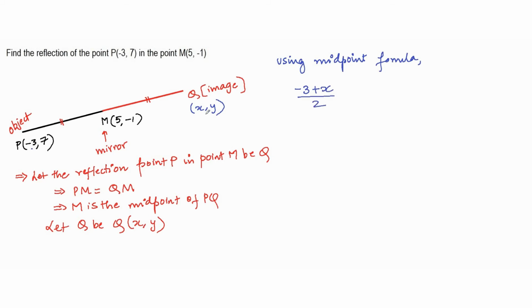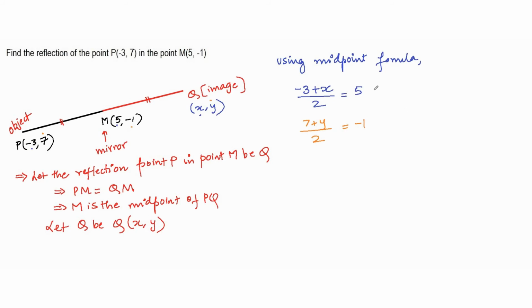So I have taken the x coordinates of P and Q. The average of these two should be equal to 5 because that's the x coordinate of M. And similarly, minus 1, that's the y coordinate of M. The y coordinate of M should be the average of the y coordinates of P and Q. That is 7 plus y divided by 2.